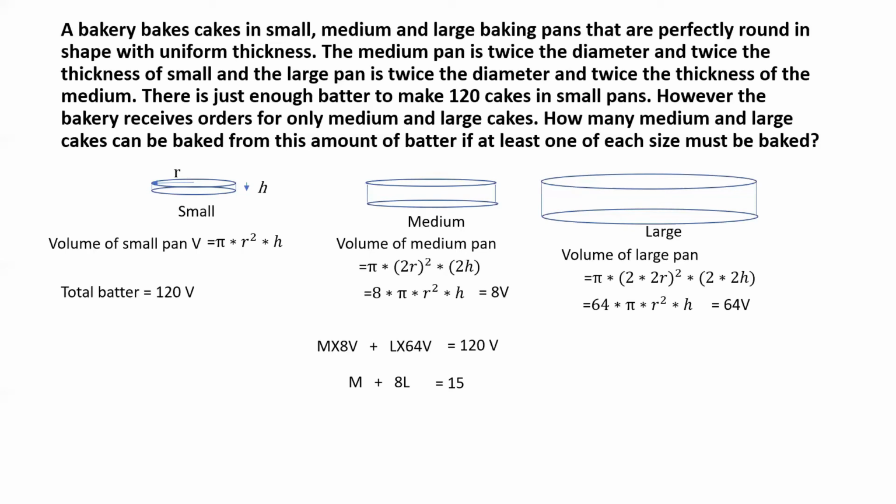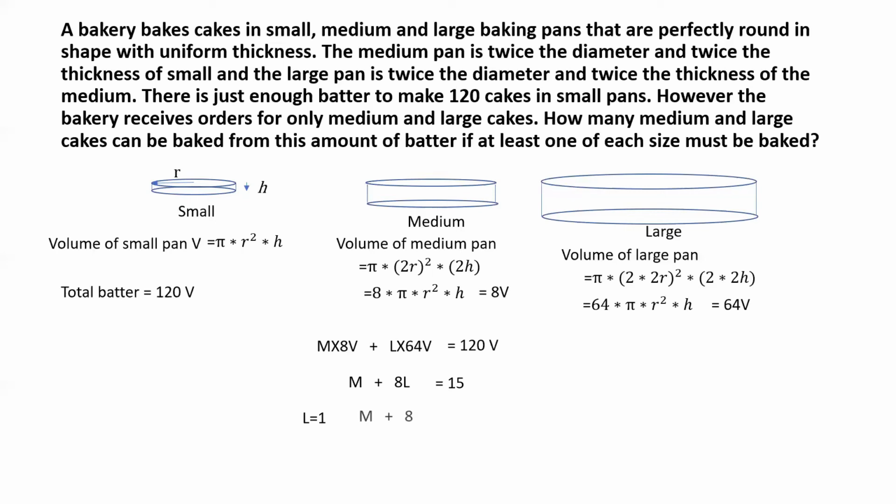And now the problem states that we have to make at least one of each medium and large size. And we have M plus 8 times L is equal to 15. So if we substitute L equal to 1, we're just trying to see if L must be at least 1, right? Because we need to make at least one of each size.